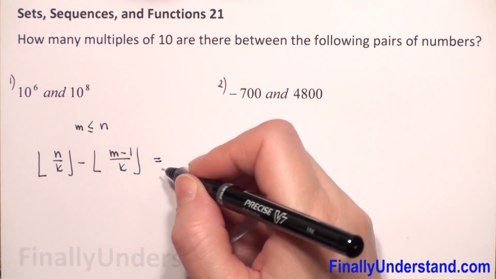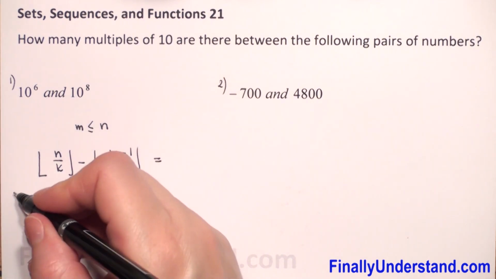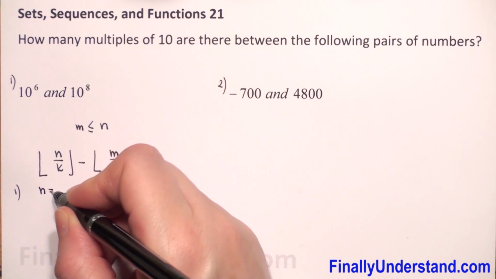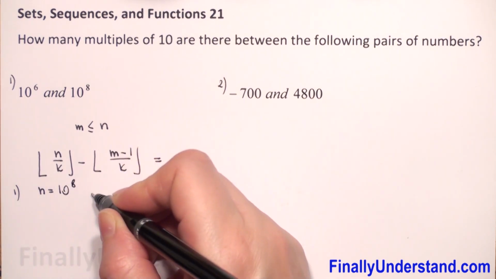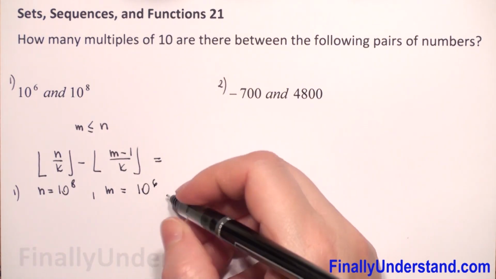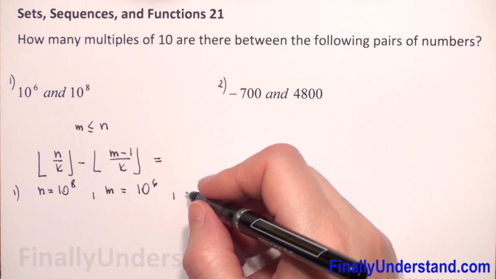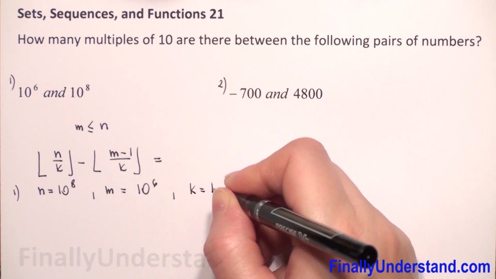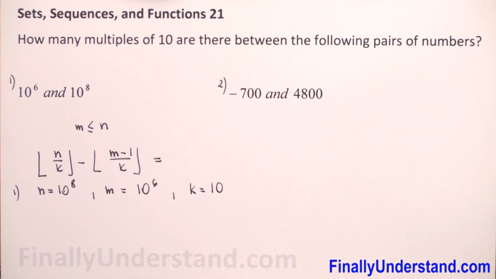So this is equal. In the first example, we have given n is equal 10 to 8 power, m is equal 10 to 6 power. And we have to find how many multiples of 10. So k is equal 10.